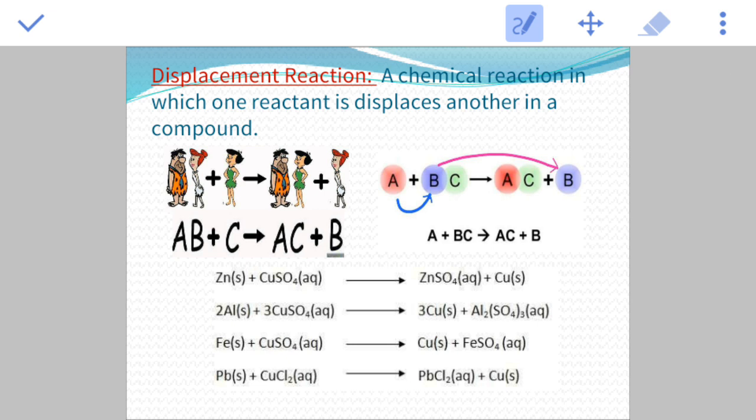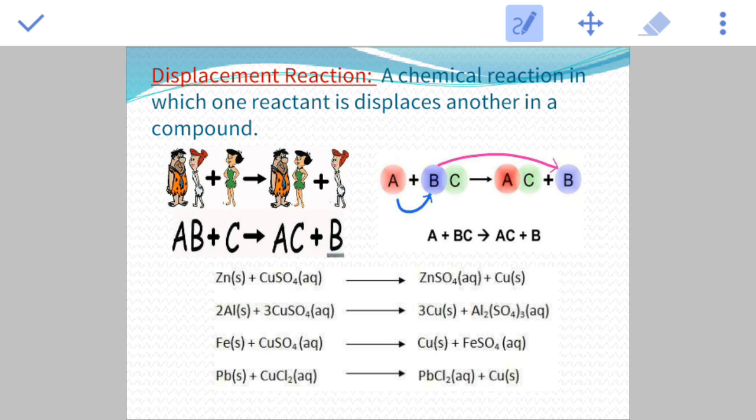And next we have the displacement reaction. In the displacement reaction, in simple words, a powerful person displaces the weak person. Here in the diagram you can see the girl is replaced by the powerful girl.